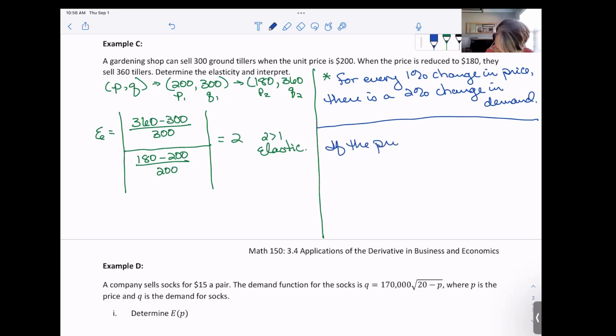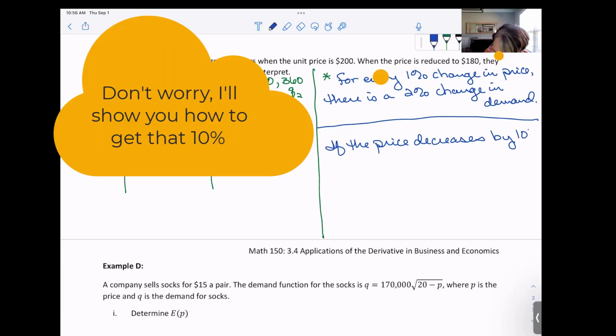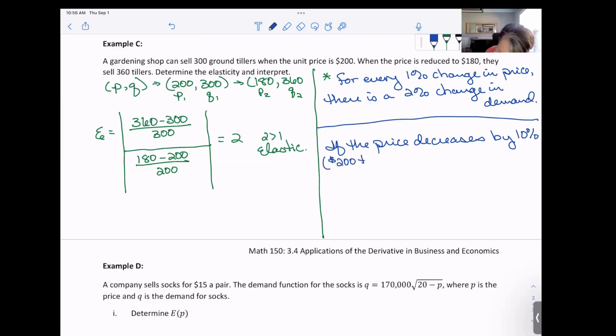The price decreased from $200 to $180, a decrease of $20, which is 10%. Then the demand will increase.